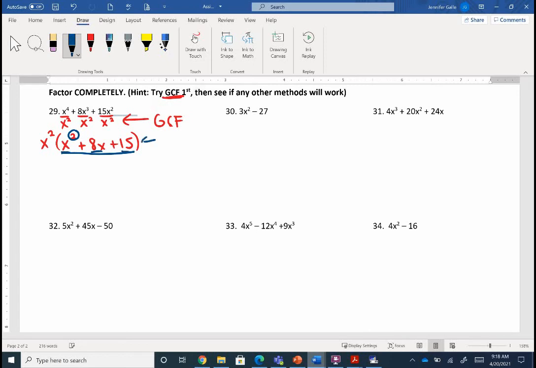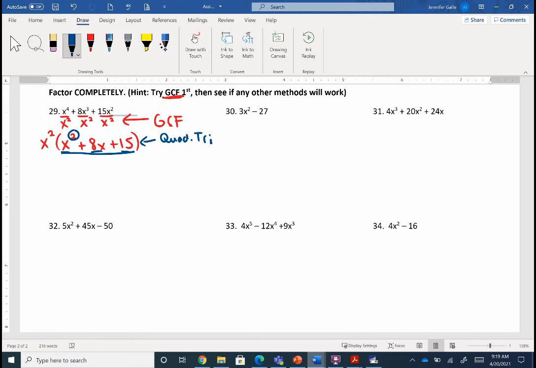Now I have, inside the parentheses, a quadratic trinomial. If you need to, guys, at the top of assignment 6 was that little checklist we looked at yesterday. If you need to have that out while you're reviewing, that's an okay thing. That would be an okay thing to study, but you will not have it on your test. So I have a quadratic trinomial.